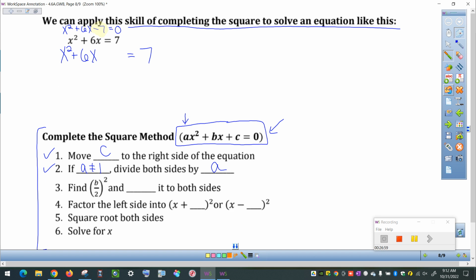So we're going to give ourselves some space. And the way that we're going to complete the square is just what we did at the top of our paper. So we're going to do the middle number, that's called b, in this case that is 6. 6 divided by 2 squared. So that's really 3 squared. And that's going to result in adding a 9 at the end.